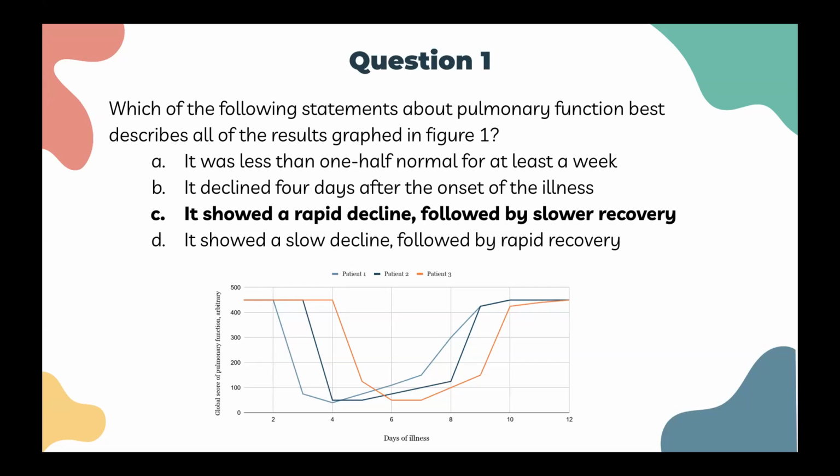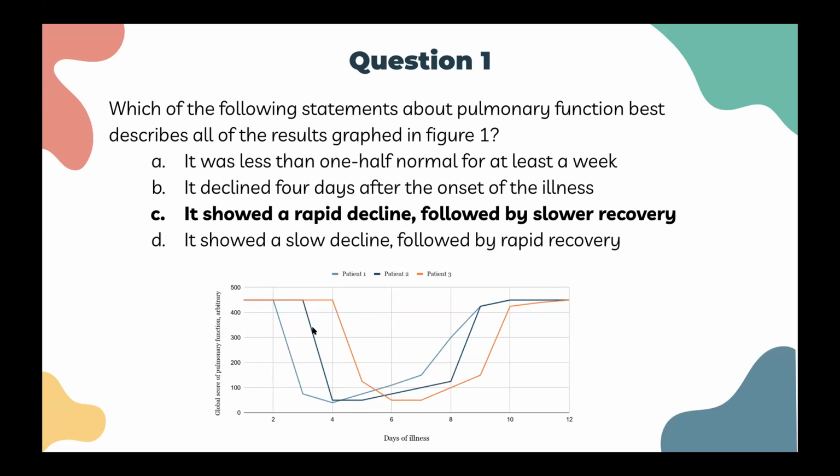So the B is wrong because on day 4, patient 3 has not declined yet. Right. So for patient 1, the pulmonary function declined on day 3, and on day 4 it stopped declining.